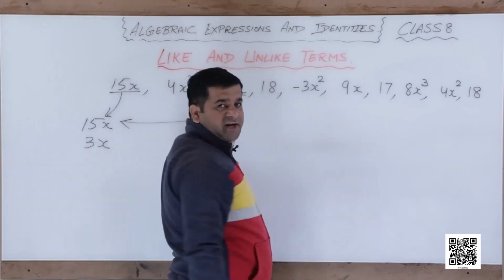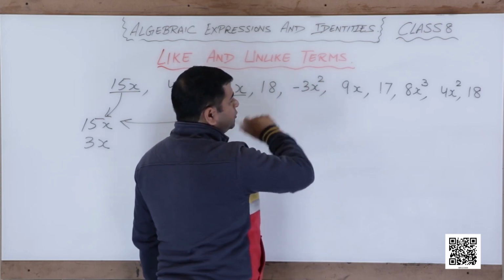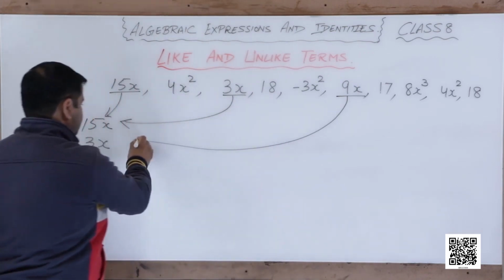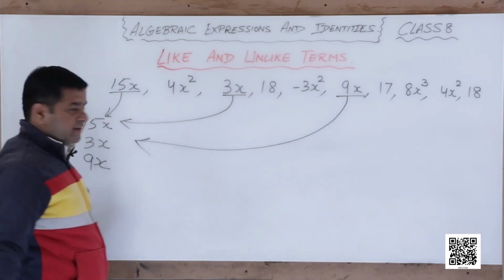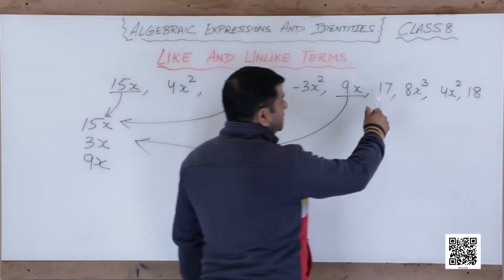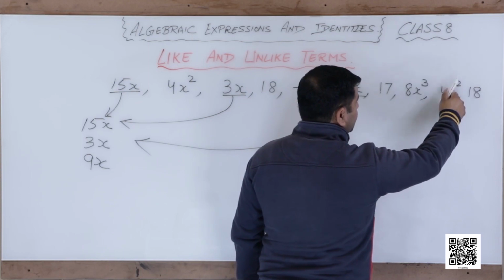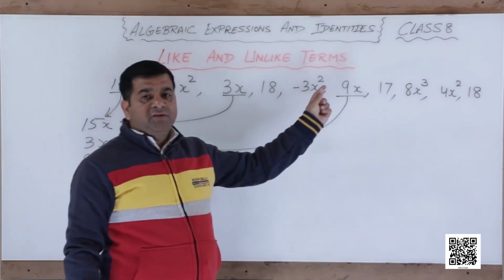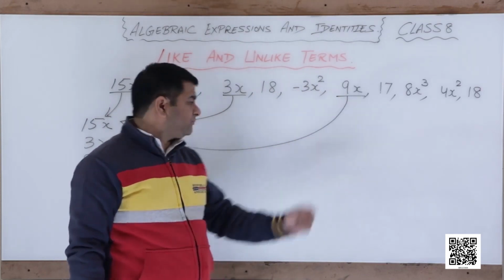This is minus 3x square, with the variable x raised to power 2. It has the variable x, so we can bring it here. Now this is 17, 8x cube, 4x raised to power 2 and 18. So there is no other term with the variable x raised to power 1.